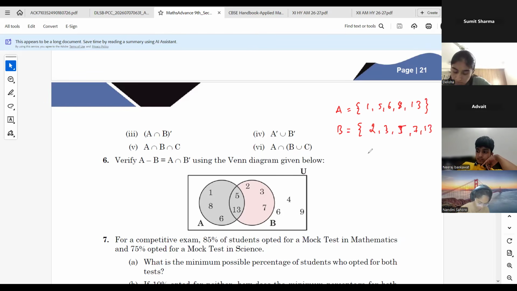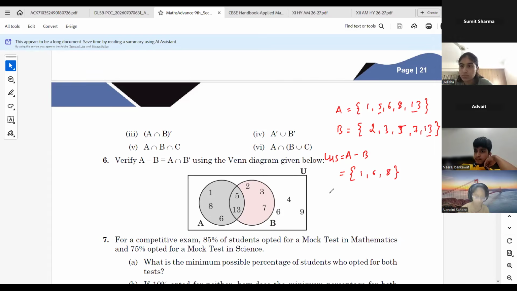These are the elements in B. If we talk about A minus B here, this is the LHS part, you will get all the elements of A except the common elements of B, right? So common elements are 5 and 13, right? So write down all the elements of A except these common elements. So it is 1, 6, 8. These are the elements in A minus B.